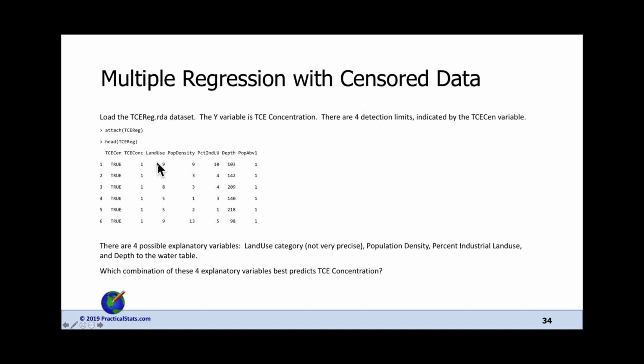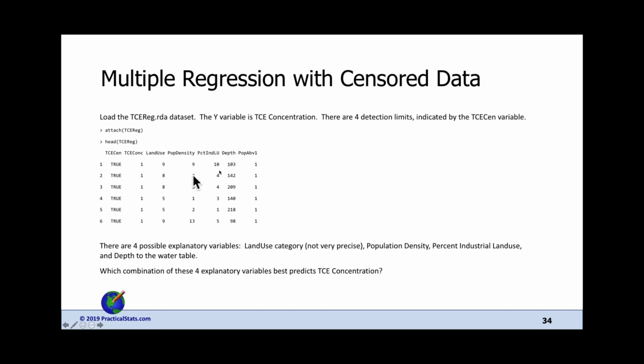And the 4 variables were land use, and that had some kind of a number assigned to it, and I don't know what that was anymore. It's an older report. It wasn't a very precise kind of thing. Population density is a little bit better. It was population density for a defined area around the well, the percent industrial land use around the well, and the depth to water for the well.